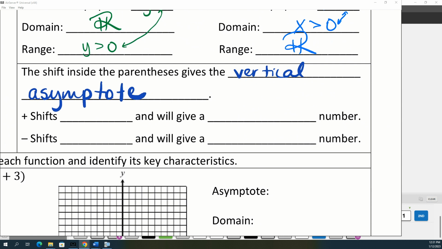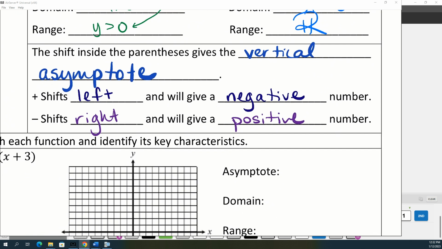Do you remember? All right, so adding inside is going to shift to the left, and that's going to give you a negative number. And then subtracting is going to shift to the right, which is going to give you a positive number. So whatever you have inside those parentheses, you just use the opposite sign to give the asymptote.